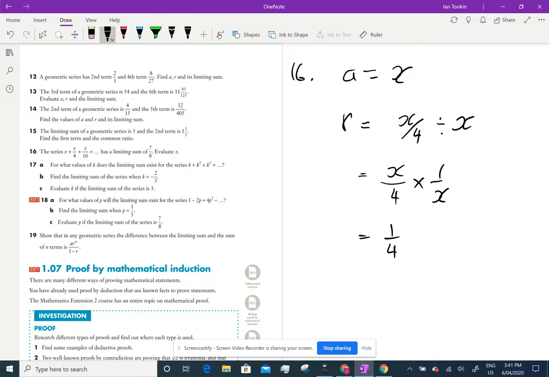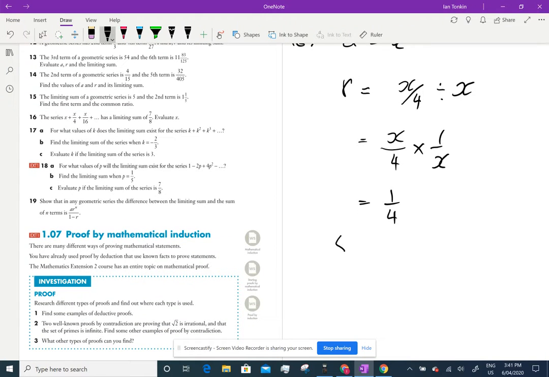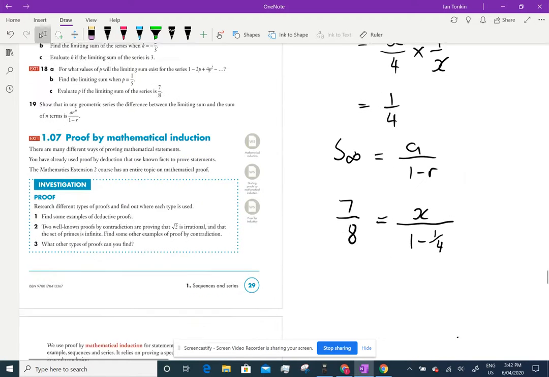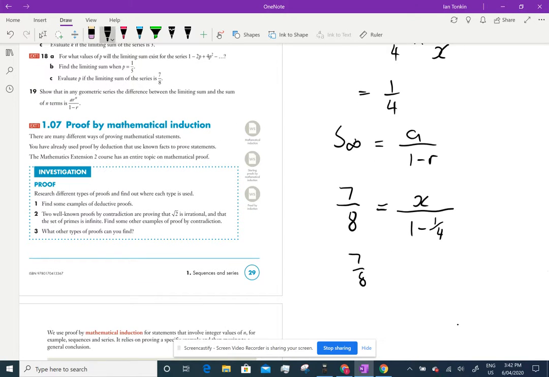So, S of infinity equals a on 1 minus r. Well, we're told that S of infinity is 7 on 8. Now a equals x, and that's 1 minus a quarter. Well, 7 on 8 equals x on 3/4.